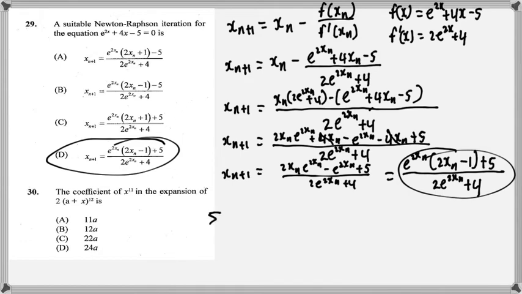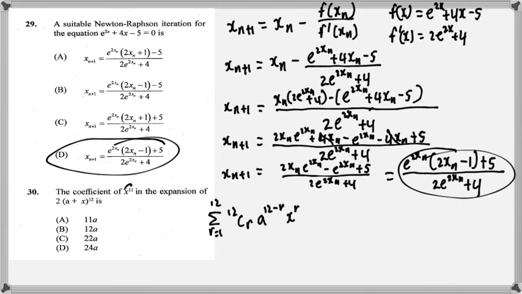So we could use this formula: the sum from r equals 0, n is 12, it will be 12Cr. You would have e to the power of 12 minus r by x to the power of r. That's what you would have.